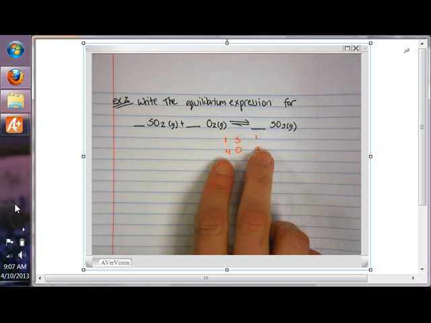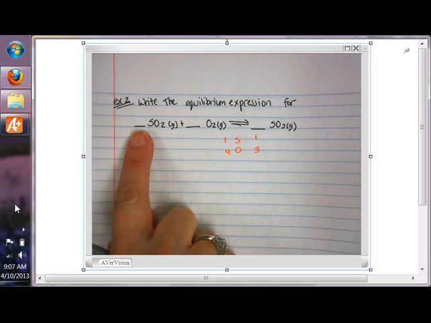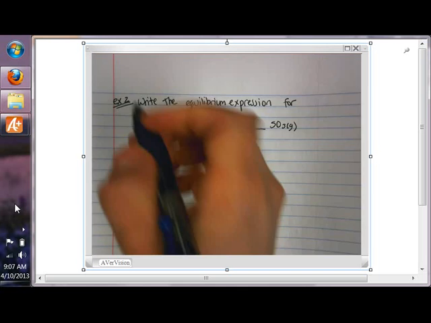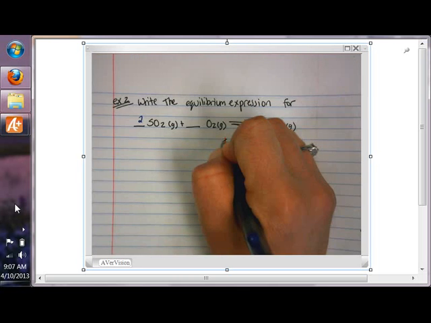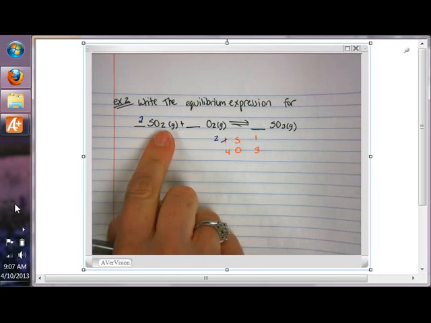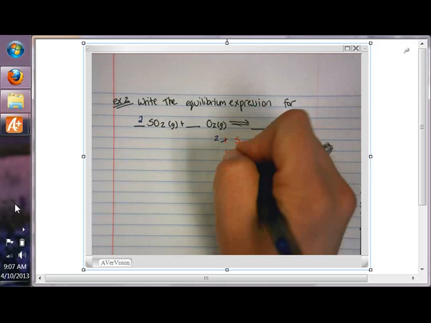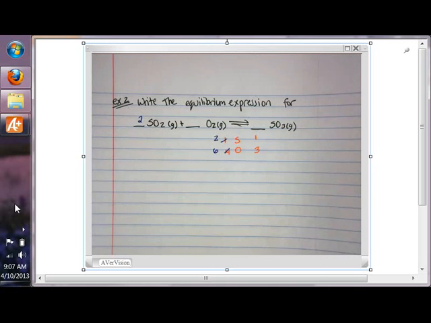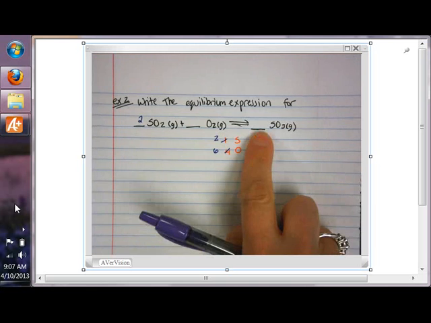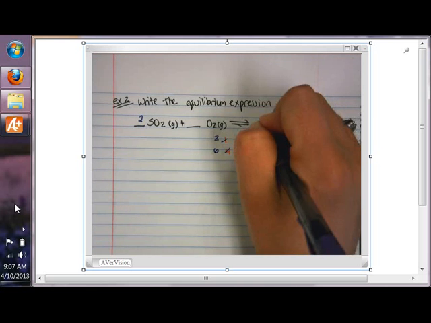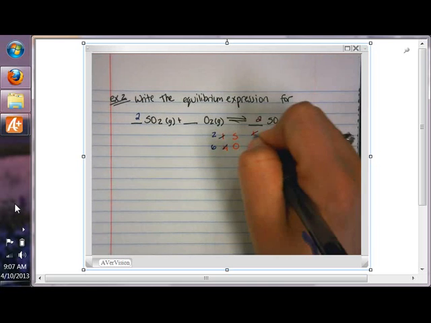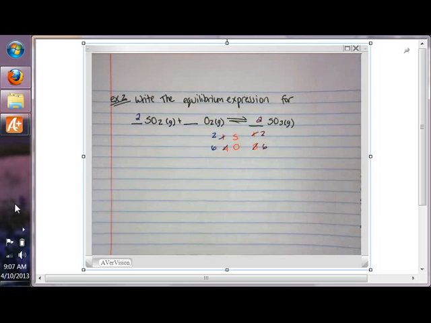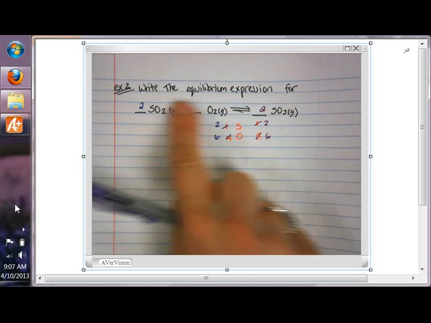So I'm going to put a 2 in front of the SO2. That gives me 2 S's, and 2 times 2 is 4, plus 2 is 6. And then I'm going to fix S on this side, so if I put a 2 in front of SO3, that gives me 2 S's and 6 oxygens. So now we're balanced.